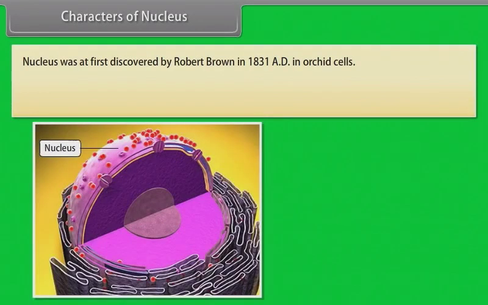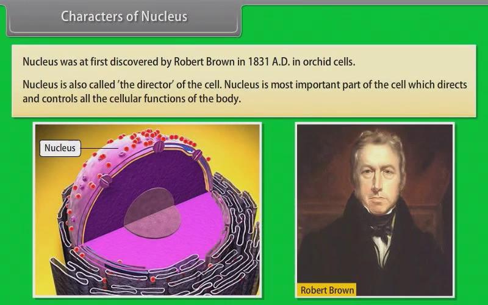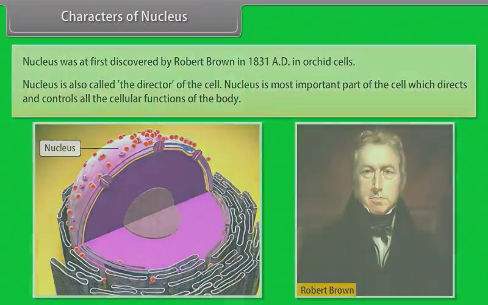Characters of nucleus. Nucleus was at first discovered by Robert Brown in 1831 AD in orchid cells. Nucleus is also called the director of the cell. Nucleus is most important part of the cell, which directs and controls all the cellular functions of the body.